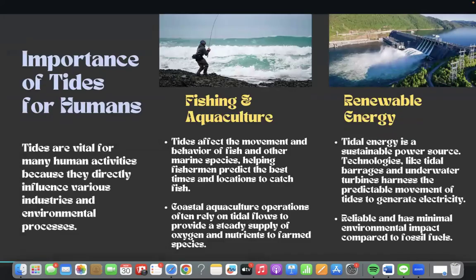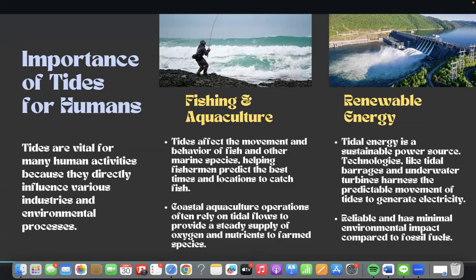So now that we've looked at the importance of tides for marine life and ecosystems, let's look at their importance for us humans. Tides are vital for a lot of human activities because they directly influence many of our industries and the environment.